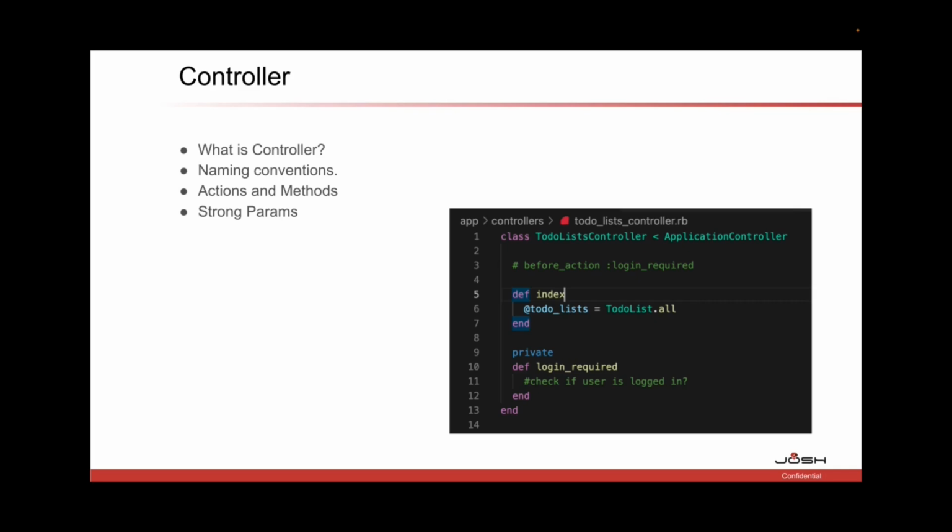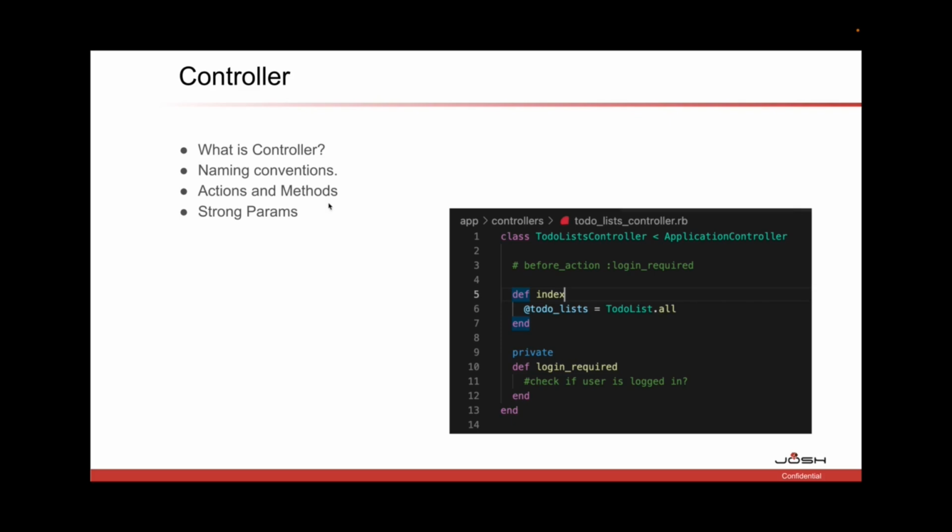So once the router knows which controller to call, Rails will simply create an instance of that controller and the respective method will be called. Now, a controller might be serving one request or maybe many requests. So a particular controller will have all the respective methods to serve all the corresponding requests.